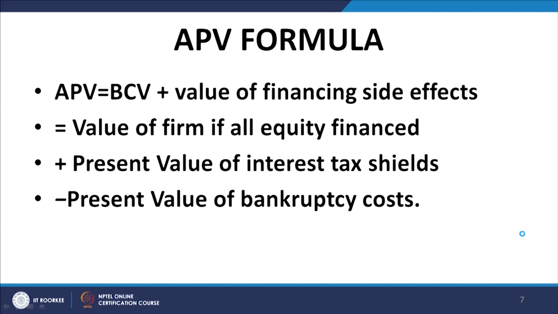So, the adjusted present value formula: adjusted present value is equal to base case NPV plus value of financing side effects, that is equal to value of the firm if it is all equity financed, that is the unlevered firm, plus the present value of interest tax shields due to the introduction of debt, minus present value of bankruptcy costs and minus flotation costs if there are any flotation costs associated with the getting of debt for the company.